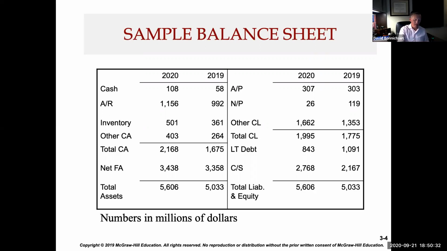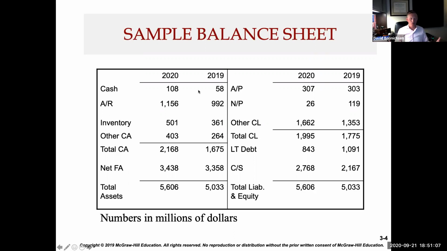The question then becomes, when we think about the different line items on the balance sheet, what line items become a source of cash versus a use of cash, right? We talked briefly about this last week, but in the case of this particular entity, we can see that between 2019 and 2020, cash increased from $58 million to $108 million.